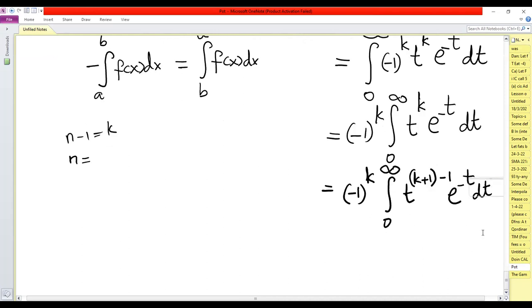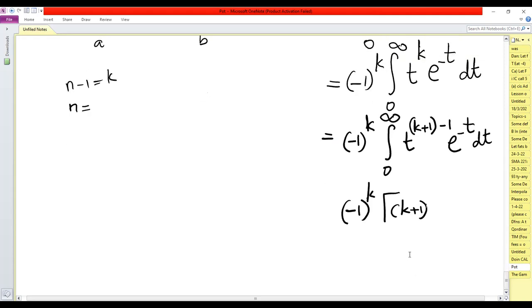And this is the definition of gamma of k plus 1. And gamma of k plus 1 is the same as k factorial.